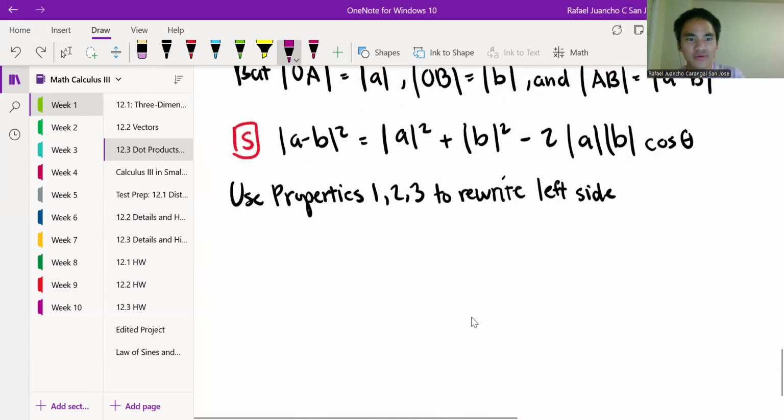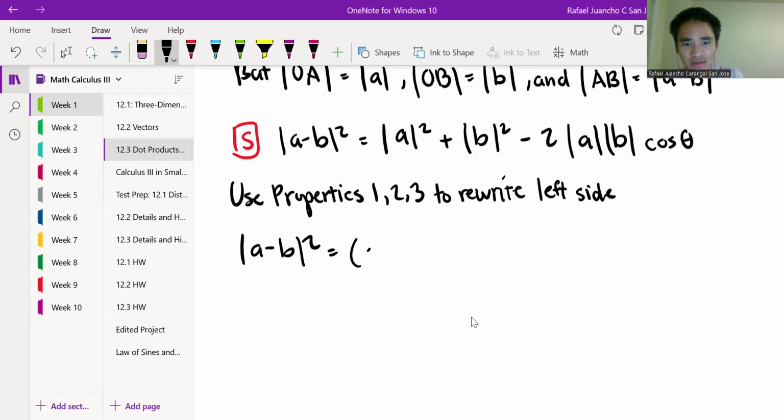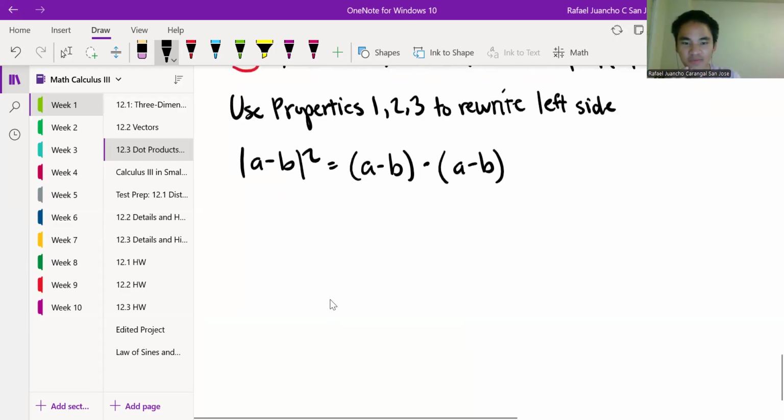So how do we do it? Well, so it's A minus B. And this is the same as A minus B times A minus B, right? So we just expanded it a bit.